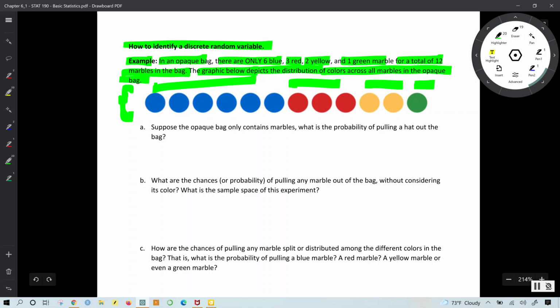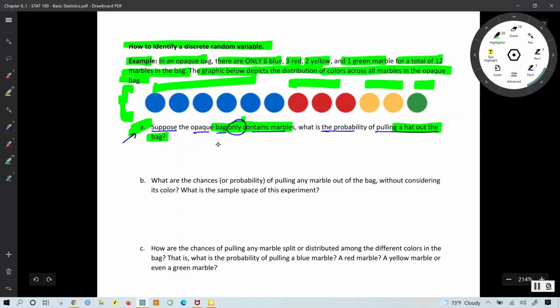What's our interest here? In question A, suppose the opaque bag only contains marbles. What is the probability of pulling a hat out of the bag? One emphasis to note in reading question A is that the bag only contains marbles. So that tells us pulling a hat out of the bag, unless you're a magician, will be out of the picture.